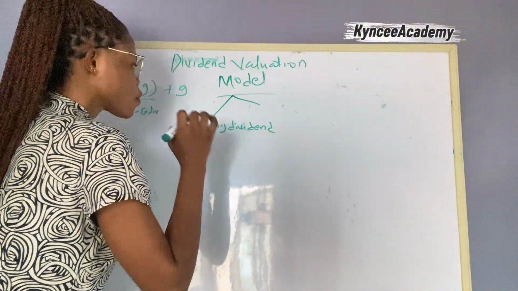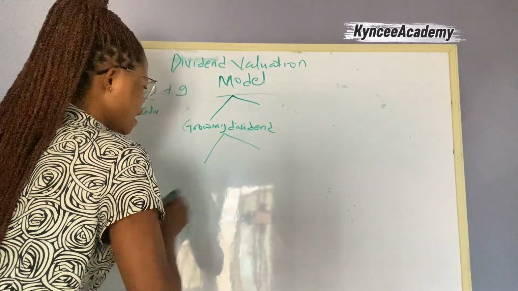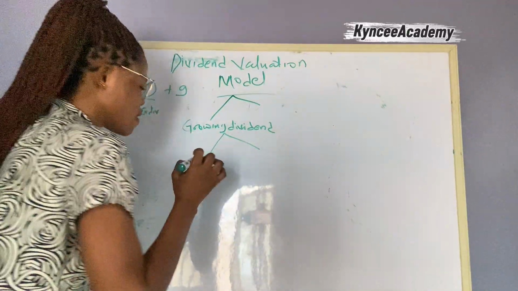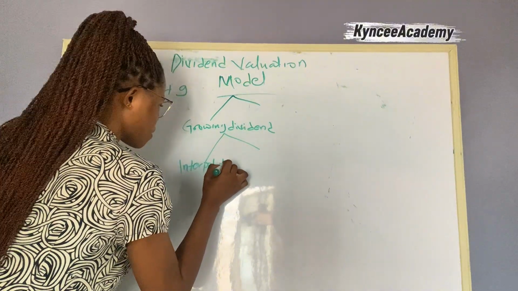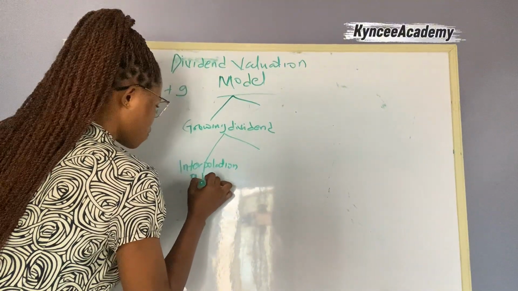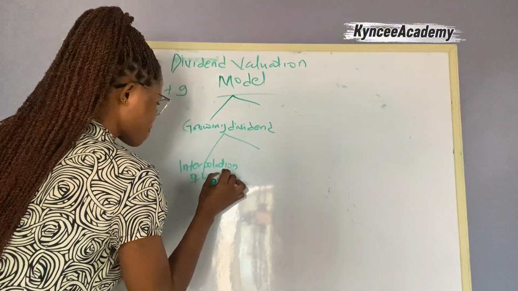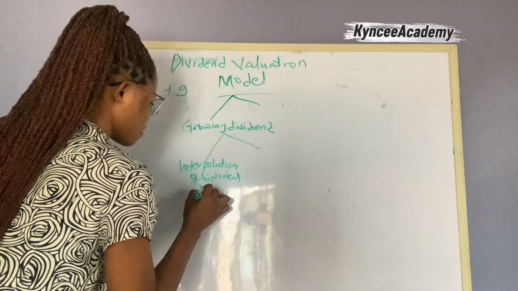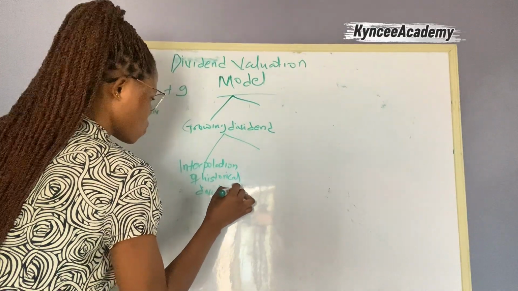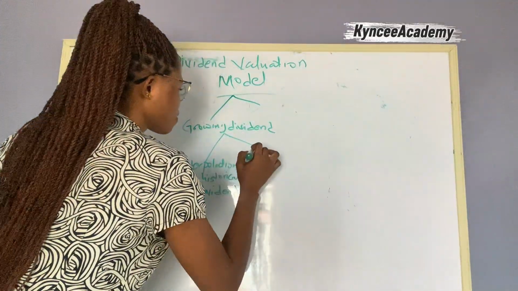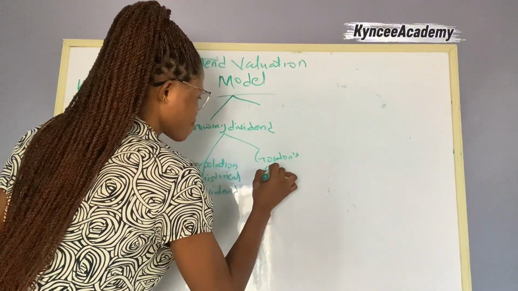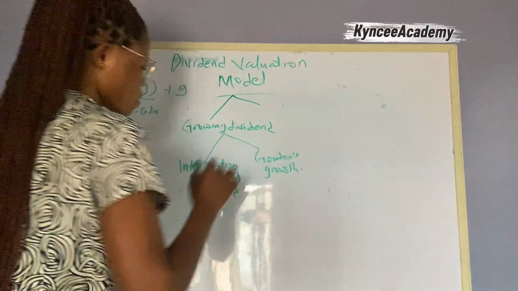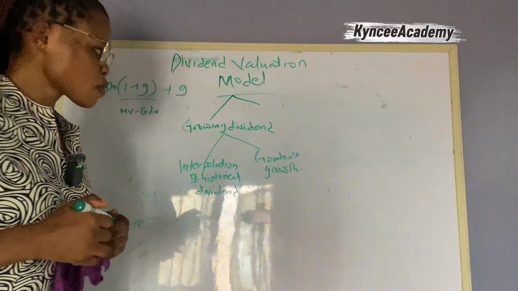we either use interpolation of historical dividends, or we use Gordon's growth model.